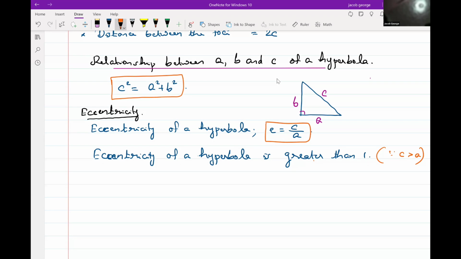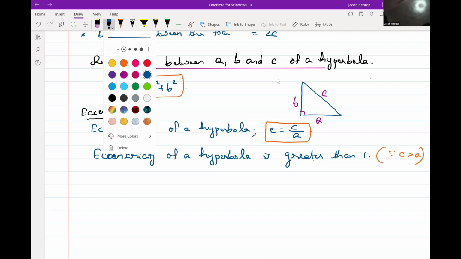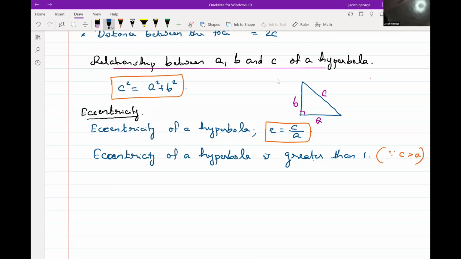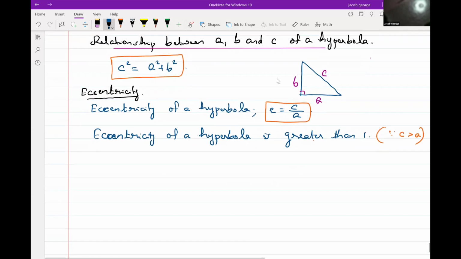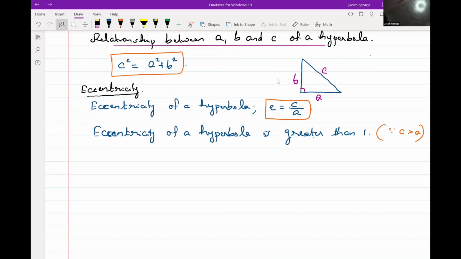Okay. So you have completed that also. Next, latus rectum of a hyperbola. That is also a common term for both types of hyperbolas. It is the same formula, 2b square by a. Write the subheading, latus rectum of a hyperbola. Everybody knows what is latus rectum.